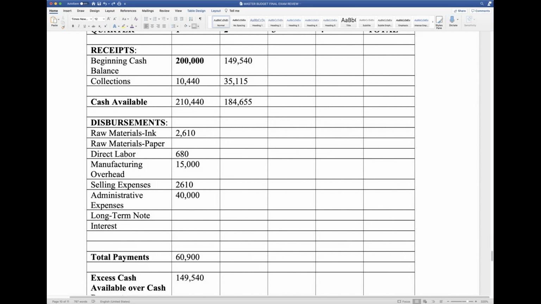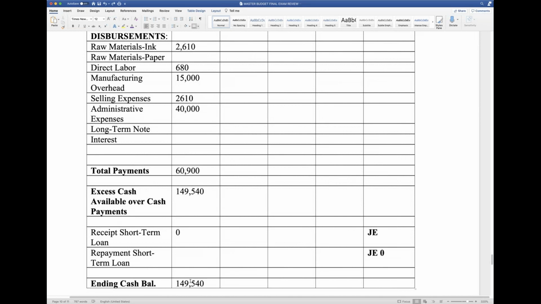You're supposed to keep 100,000 in the bank all the time. So since we already have 149,000, we don't have to borrow. We already got 100,000, so you don't have to borrow anything. So that's done.